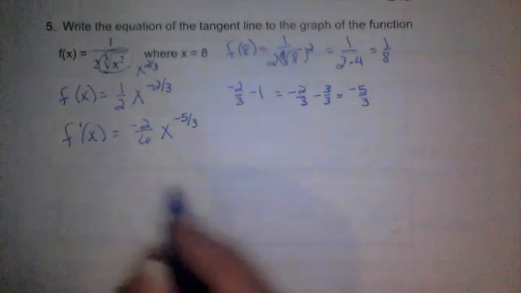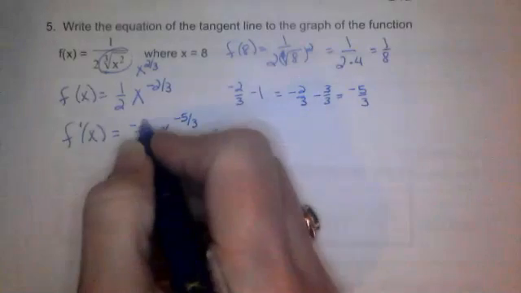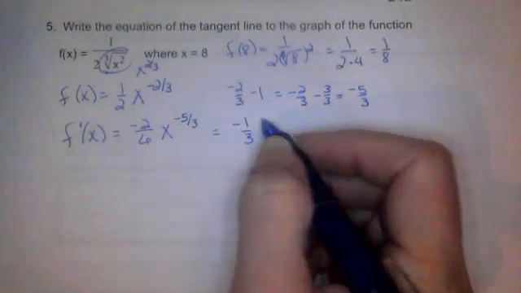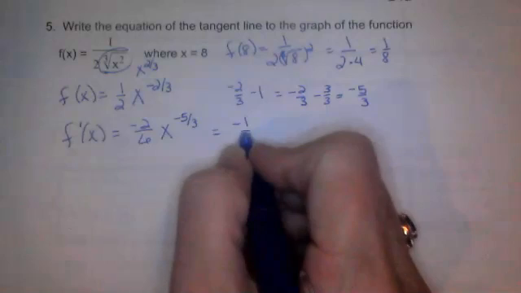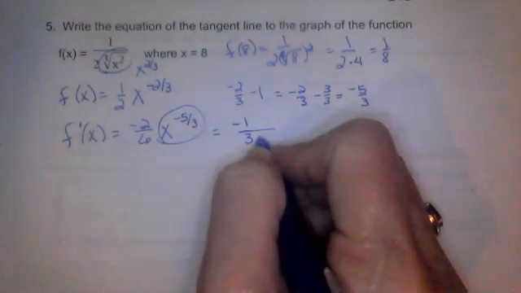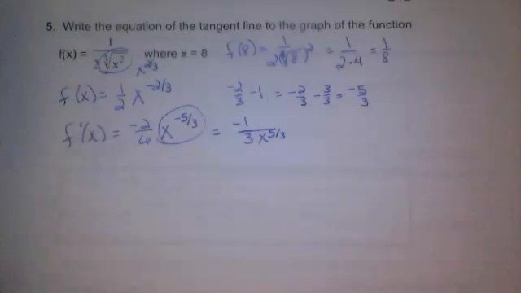Okay, so now we want to try to put that back into some kind of fraction form. So I know that this negative 2/6 will reduce to negative 1/3. And then this is negative as well. So this whole thing as a negative exponent moves to the bottom. So it's going to be x to the 5/3 power in the denominator.